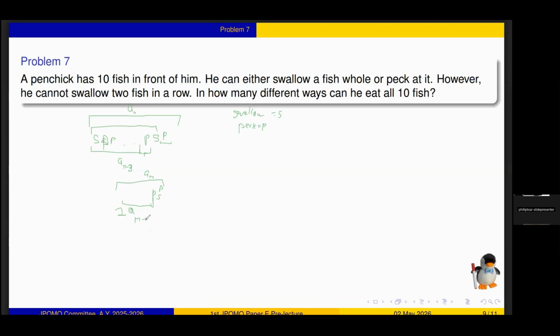This is a sub n minus 2, because this is guaranteed to be a P. So this can be an S or a P, but this is guaranteed to be a P, and this right here is a sub n minus 2. So yeah, my apologies. a sub 1 is still equal to 2, a sub 2 is equal to 3, a sub 3 is equal to 5. But either way, a sub n is equal to 2 times a sub n minus 2 plus a sub n minus 3.